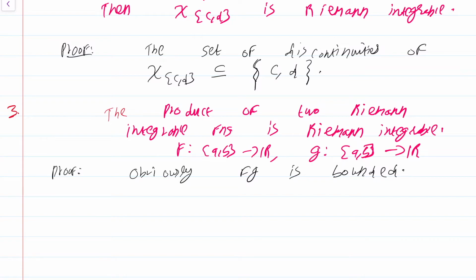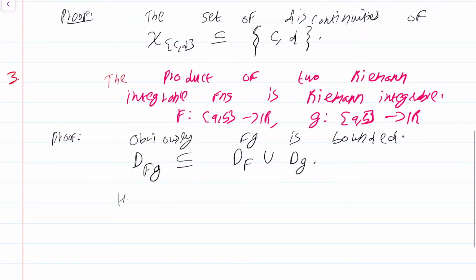Now the discontinuity set D_fg, the set of points where the product fg is discontinuous, is of course going to be a subset of the set of discontinuities of f, D_f, union the set of discontinuities of g. Note, I do not write equal to, I just write subset. Think why that this will just be a subset.